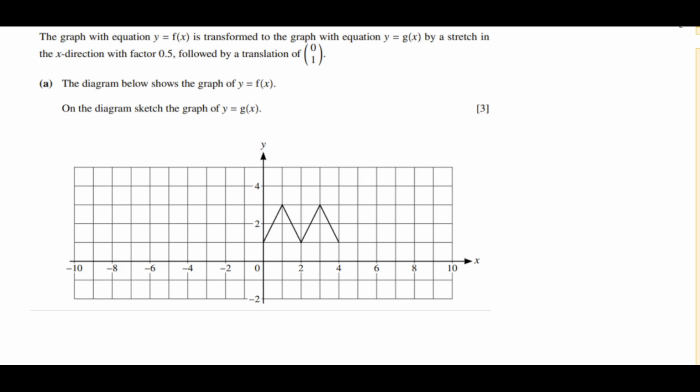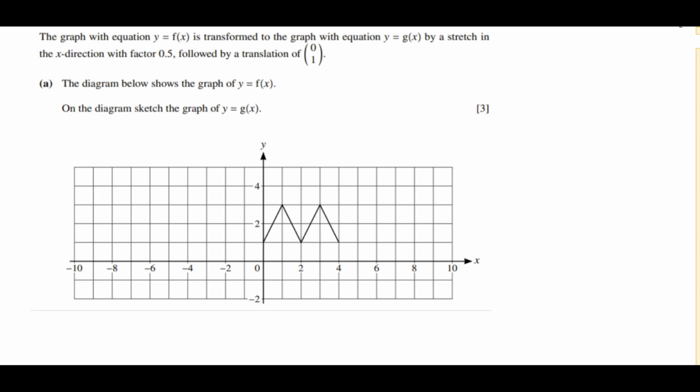So here in this question, what you have to do? You have to sketch. So the translation which is given to you, there is a horizontal stretch, right?